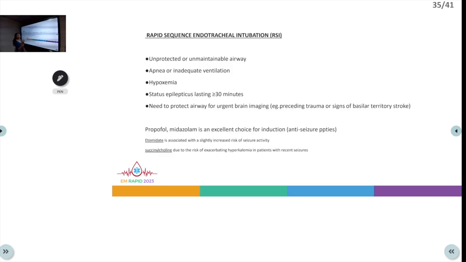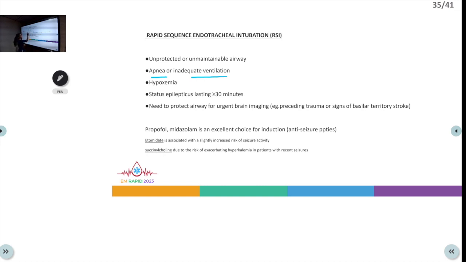So when will we do rapid sequence intubation in a patient with seizures? We have already told that in refractory status epilepticus we will be doing rapid sequence intubation. Other than that, if we feel that the patient's airway is unprotected or unmaintainable, we will have to intubate. Or if there is any apnea or inadequate ventilation, we need to intubate.